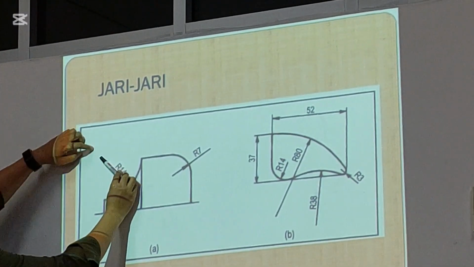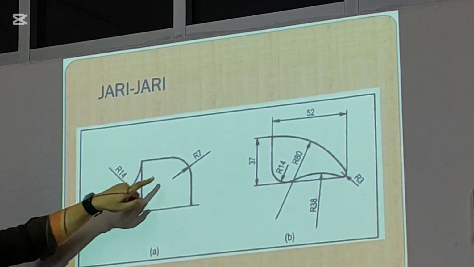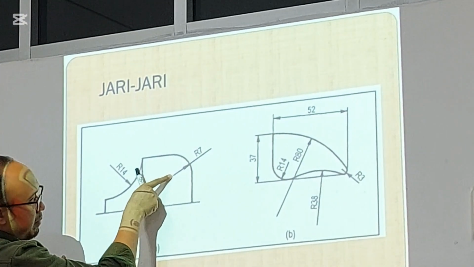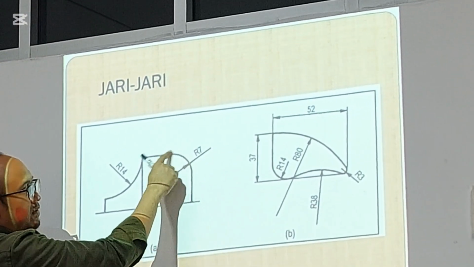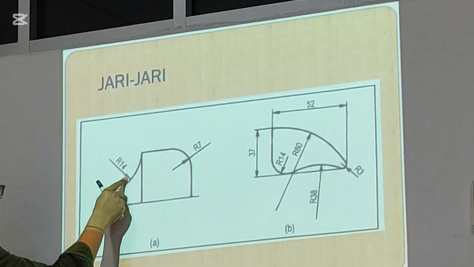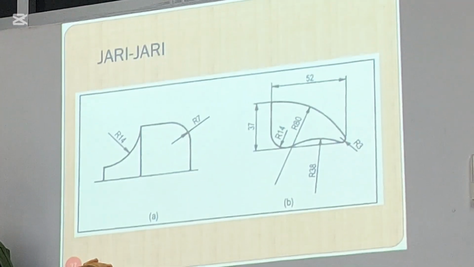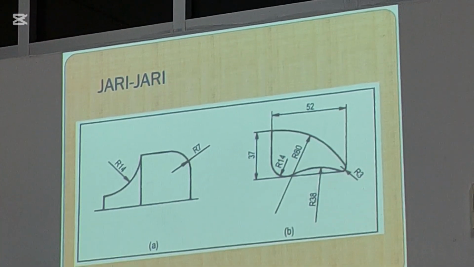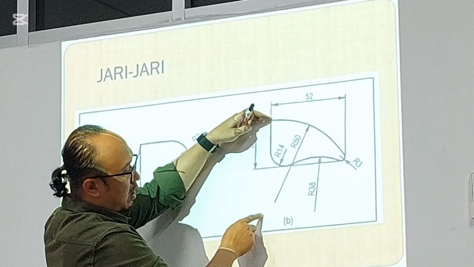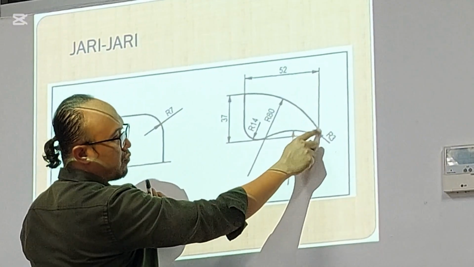Please make sure that if you extend this line, it will touch the center of the circle. Also like this, if the center of the circle is around this area, the line points outside the circle. Sometimes inside the circle, sometimes outside of the circle is also okay. But like this circle, the center may be around this area, and this one may be around this area. This one may be.